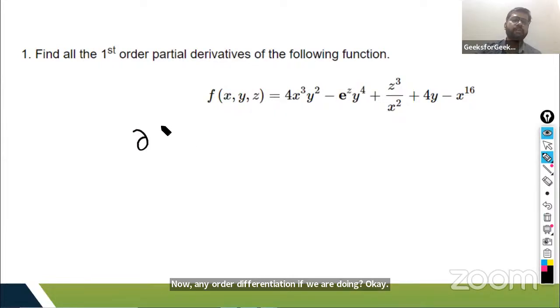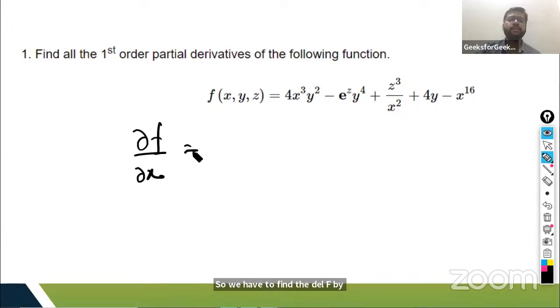So we have to find del f by del x. In that case, we will put only x as the variable and all the remaining elements will be constants.